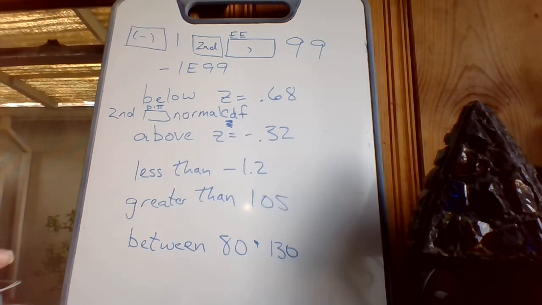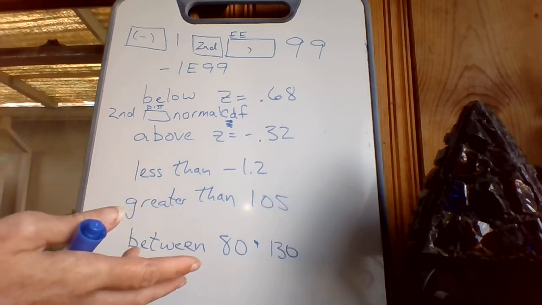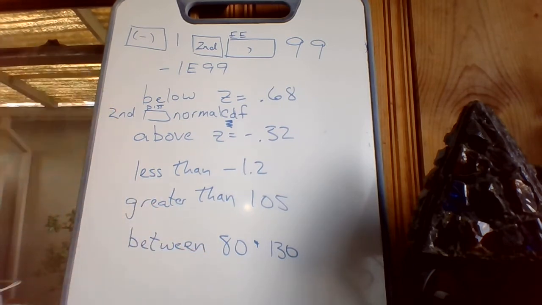But I don't want to start with that because I want to start with getting my normal button on there, so I'm not just saying negative infinity to the calculator. I gotta say what I'm trying to do with my negative infinity. So let's do this problem below 0.68, and the question was, find the area. As I said, it doesn't much matter which question you read, whether it says area or percent or probability. It all comes down to the same thing.